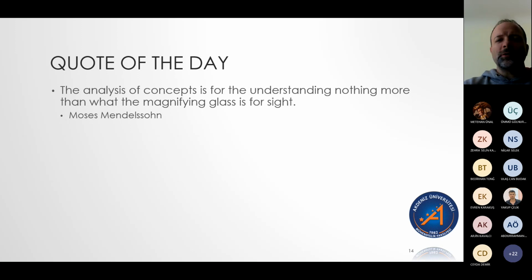If I look at something, I can see parts of it, how things work, aspects of it. But when I take a magnifying glass or a microscope, I can see so much more.